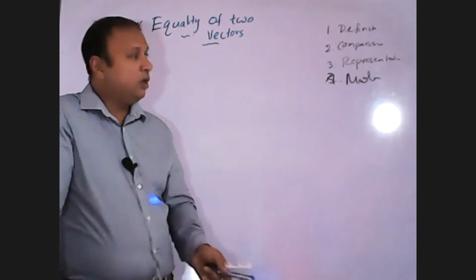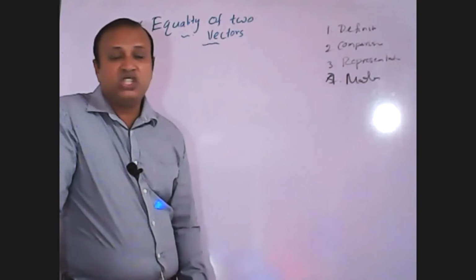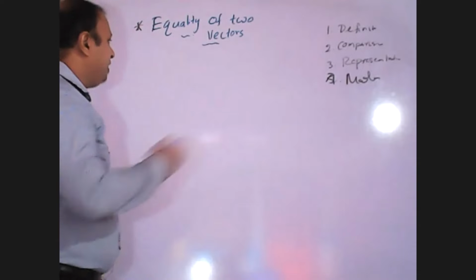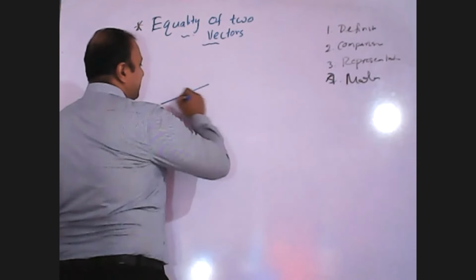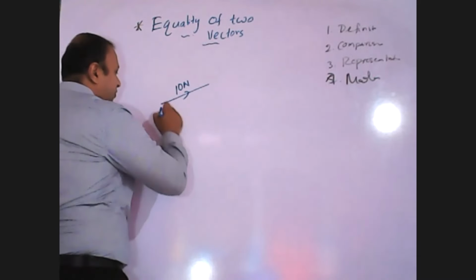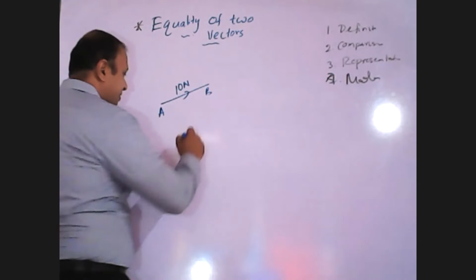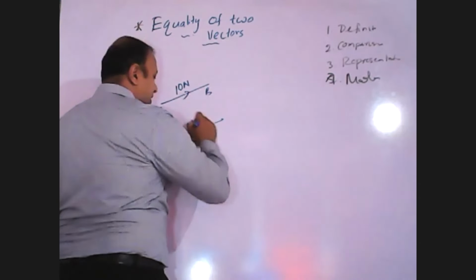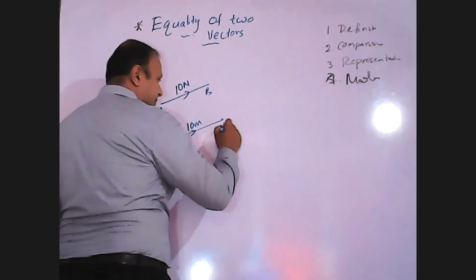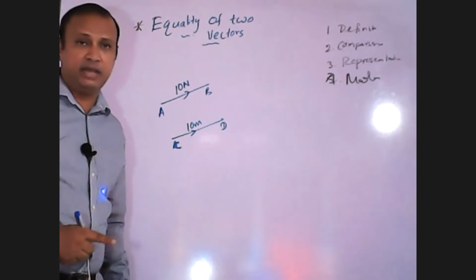Homogeneity means both should be the same physical quantity. Suppose we are given 10 Newton force, and we are given 10 meter displacement in the same direction.